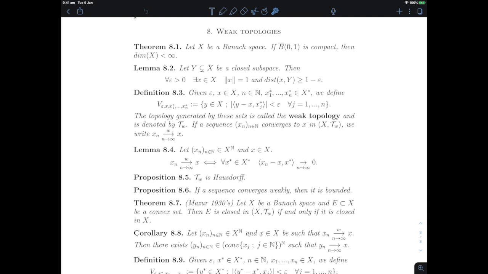A sequence converges weakly if it converges when tested against any element of the dual, right? So think of what happens in L2, for instance. You would be integrating your xn minus x against another element of L2, x star, a fixed element x star. Okay, so let's start with the proof of this lemma 8.4.